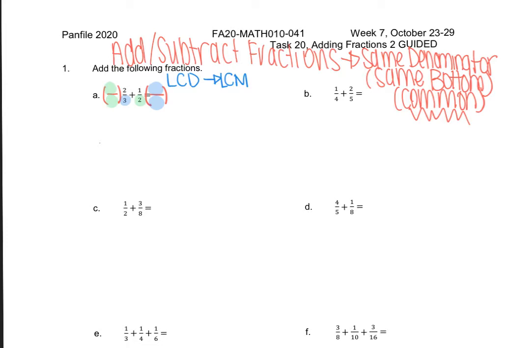Once you do that, everything kind of falls into place. So we take this 3 and put a 3 on the top and the bottom. Then we take this 2 and put it on the top and the bottom.